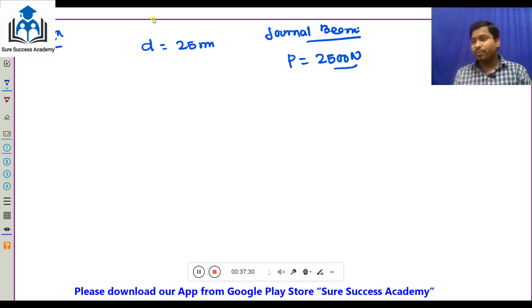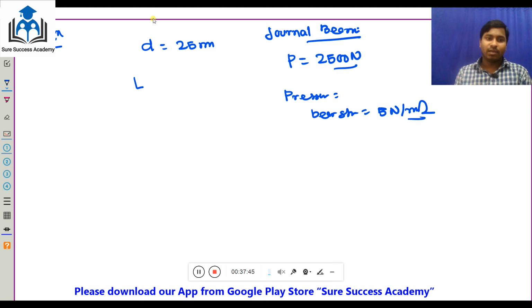Assume the allowable bearing pressure, that is nothing but the bearing stress, is 5 Newton per mm square. Find the length of the sliding bearing. You can calculate that.